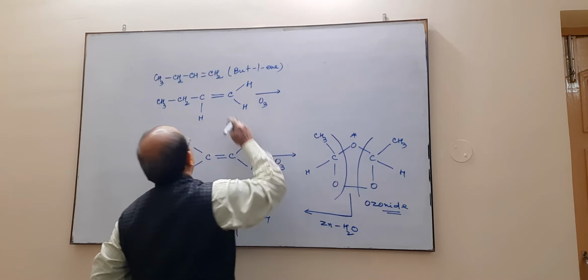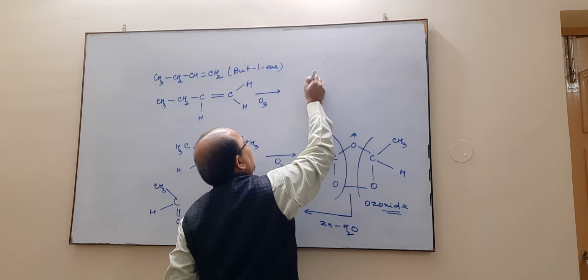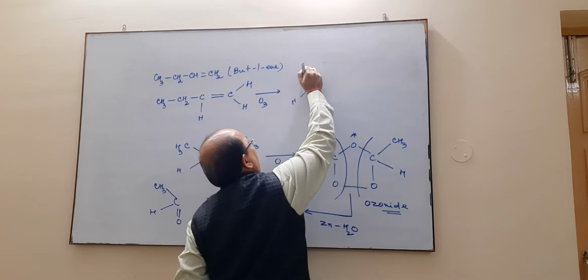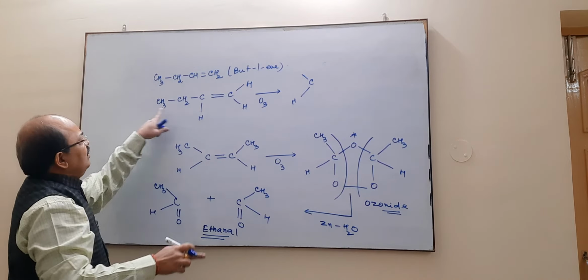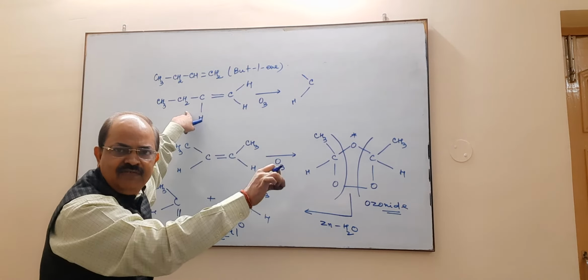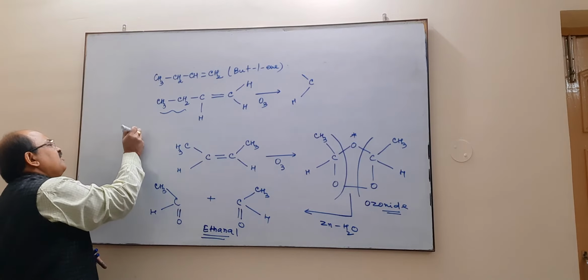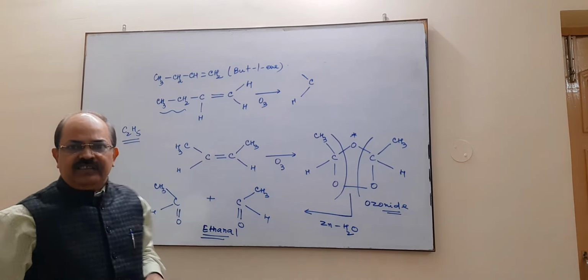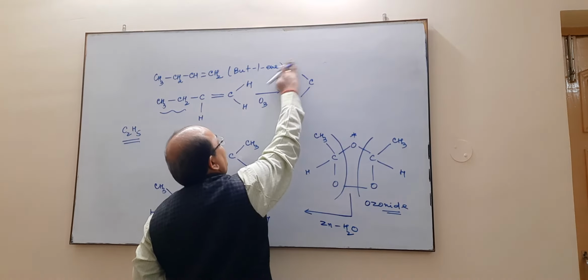After addition of ozone, this will give ozonide. So this is carbon, this is your hydrogen, and this group is your CH3CH2, that is C2H5, ethyl. We can write it collectively as C2H5; we could also write it as ethyl.